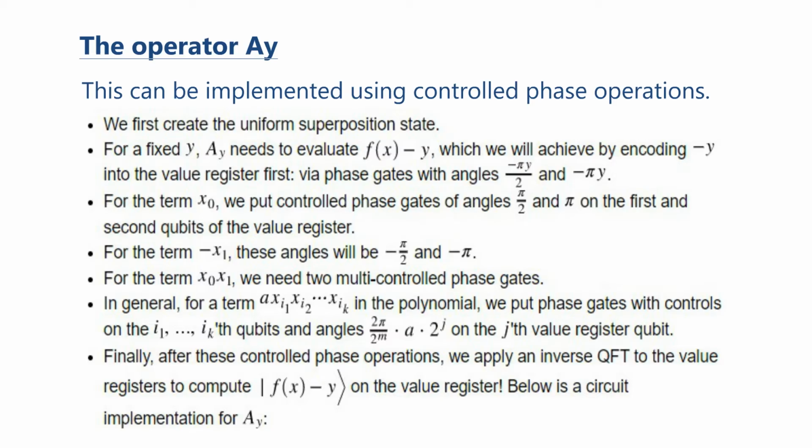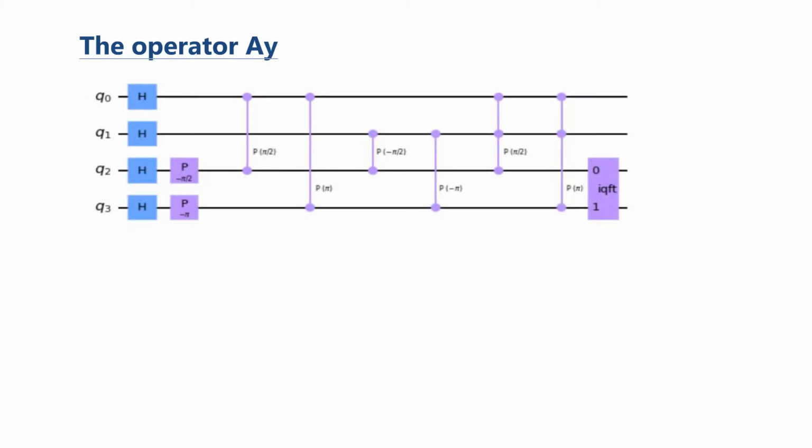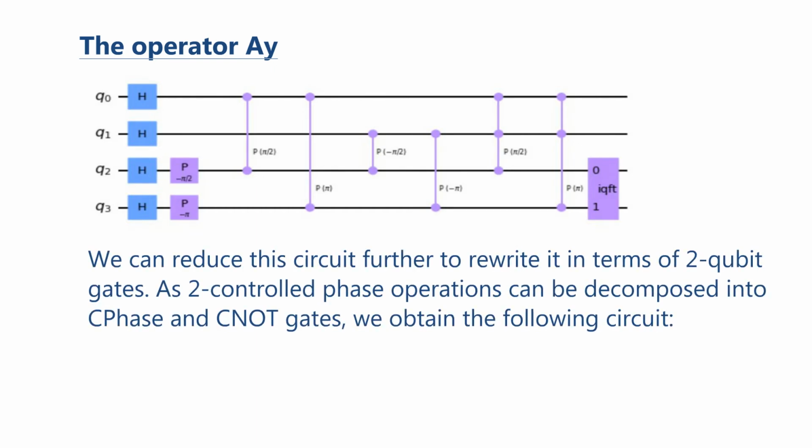Finally, after these controlled phase operations, we apply an inverse QFT to the value register to compute |f(x) − y⟩ on the value register. Below is a circuit implementation for A_y. We can reduce this circuit further to rewrite it in terms of 2 qubit gates. As 2 controlled phase operations can be decomposed into C-phase and CNOT gates, we obtain the following circuit.